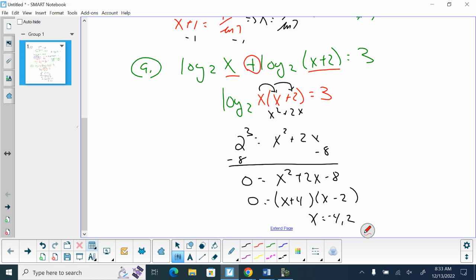Do we make any of our logs negative with either of these values? If I put negative 4 in here, I get log of a negative, and here it would be a log of a negative, so this we have to cancel out. If I put 2 in here, I'm good with log of 2 and log of 4. So I'm good with that. So my only solution would be x equals 2.